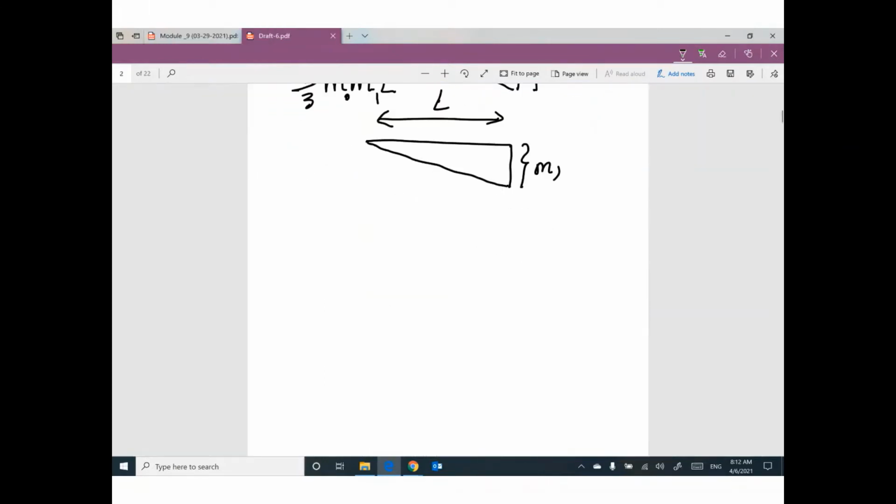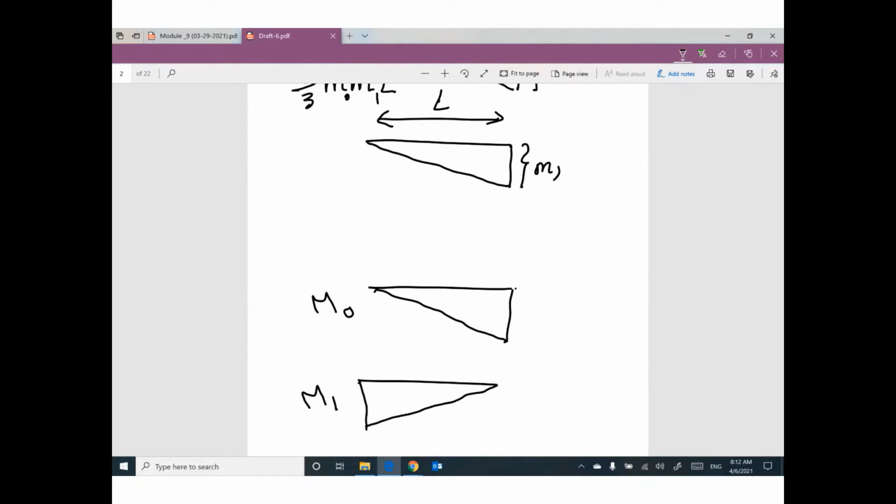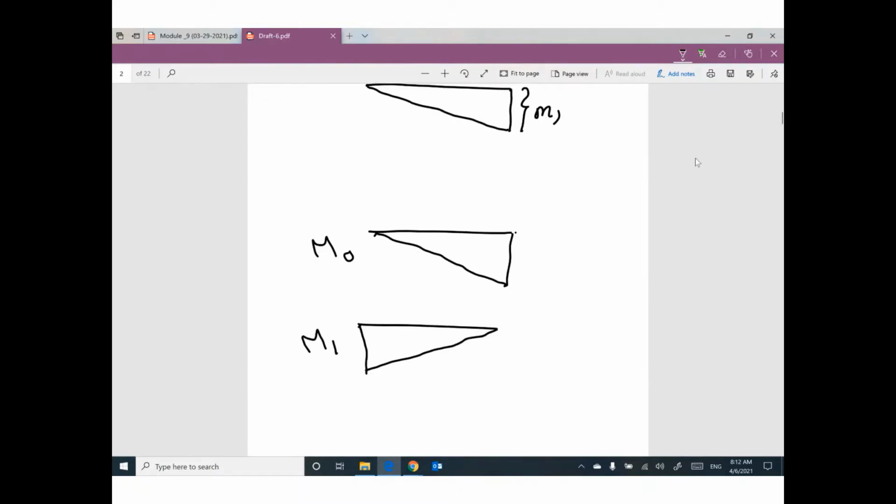But if you have this triangle as M naught and this triangle as M1, we have a different scenario, because this moment and this moment are on opposite sides. So your integration will be 1/6 m times L. That makes sense?